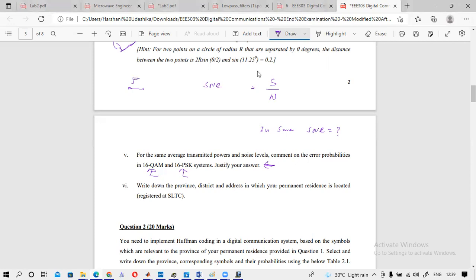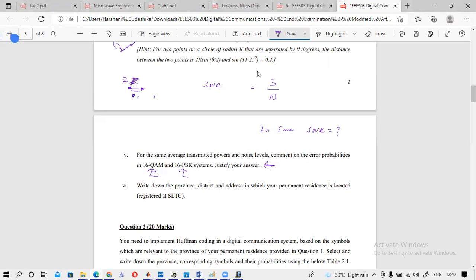So how can we justify it? You can see that between two adjacent points in QAM, the distance is 2 root T. What happens if this distance is very low, or if this distance is very high?